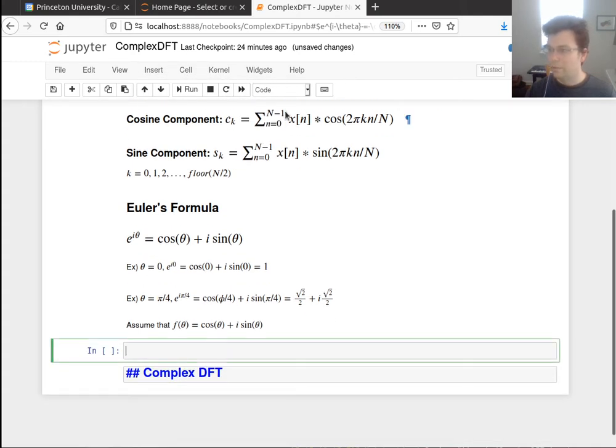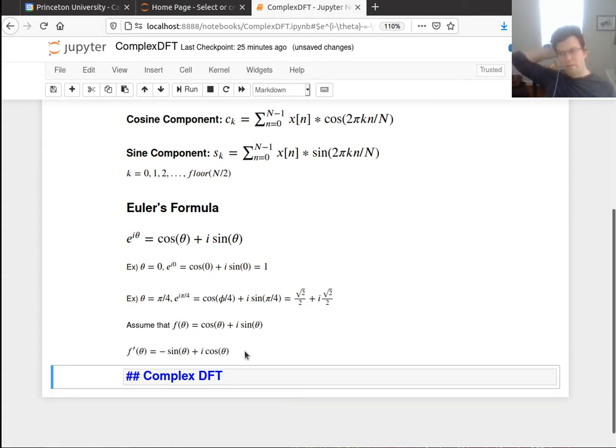If I take the derivative, I go back and use my derivative rules from calculus 1. I see that this is going to be negative sine theta. And i is actually just a constant number. It has 0 in its real component, 1 in its imaginary component. So that'd be negative sine theta plus that constant i times the derivative of sine theta with respect to theta, which is cosine of theta.